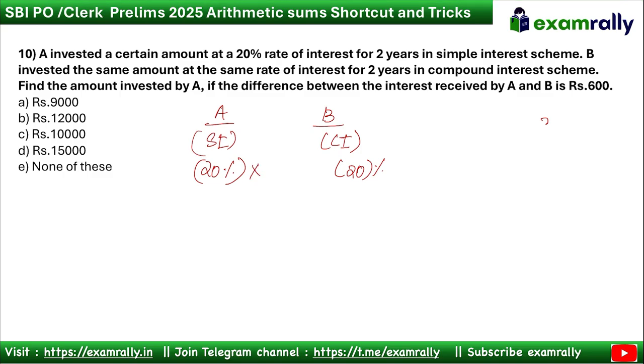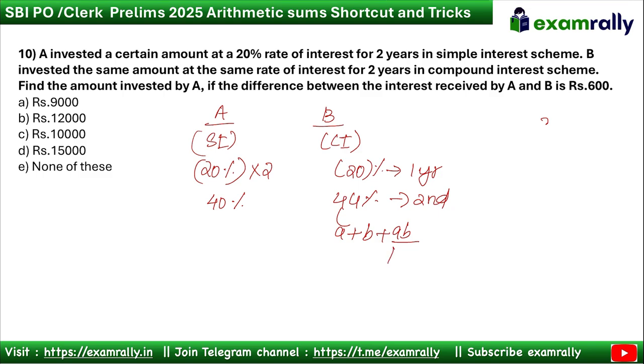Okay, so the rate of interest for 2 years in simple interest will be 20% into 2, that is 40%, but in case of compound, 20% is for 1 year. For the second year it will be 24%, as we discussed in previous videos.